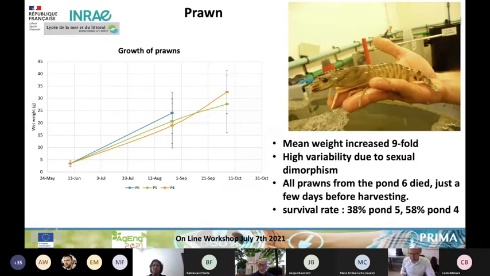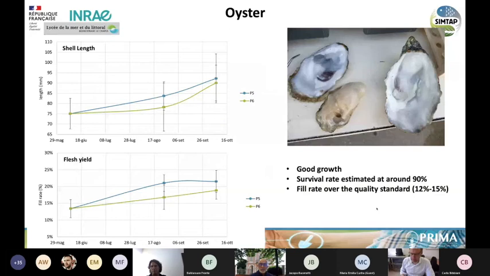supported the climate event. When we look at the oysters, we obtain a good growth and a good survival rate estimated at around 90%. It was unexpected because in this area we observe summer mortality for oysters, and here we didn't observe this.